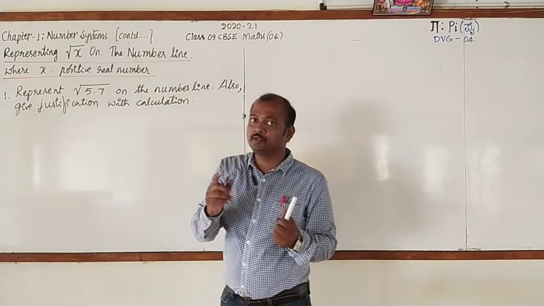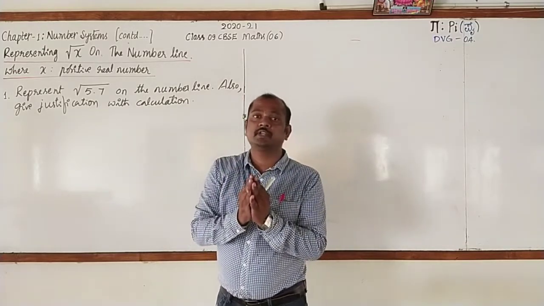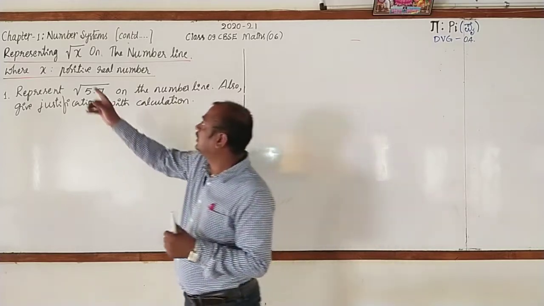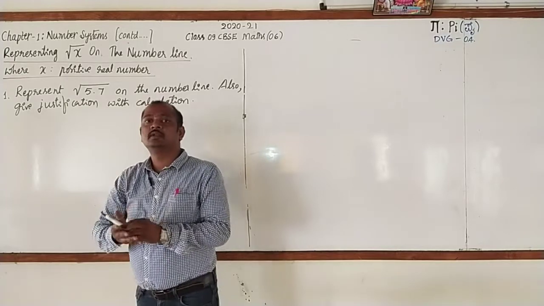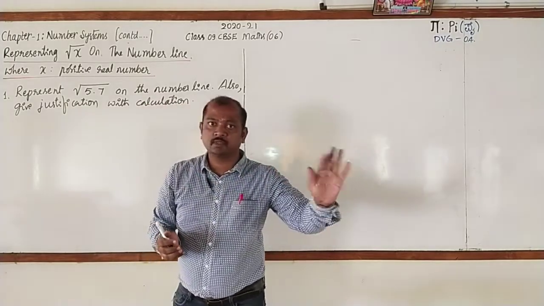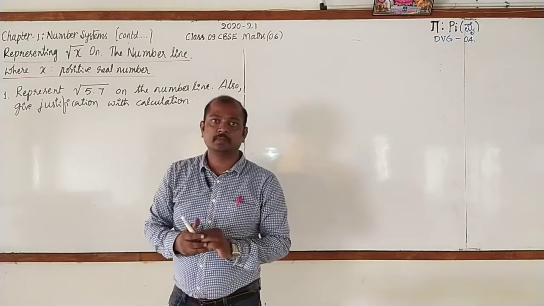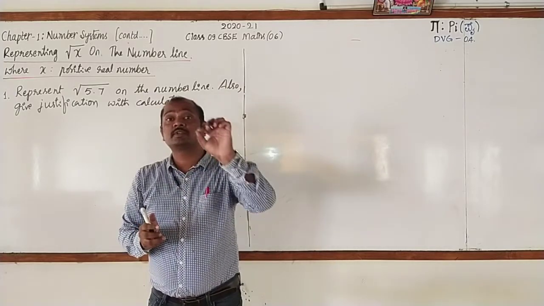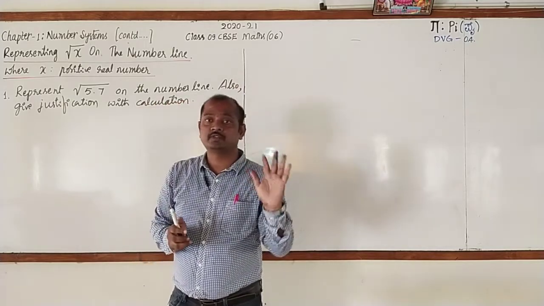Now we are moving to another interesting representation on the number line. Observe this. So far we have learned how to represent natural numbers, whole numbers, integers, irrational numbers like root 5, and rational numbers like 2 by 3 on the number line.